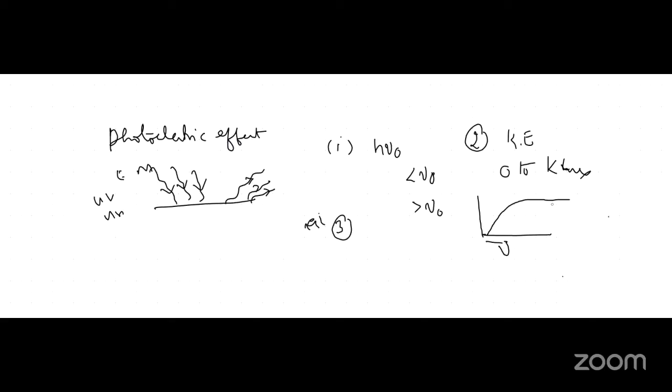So the stopping potential is related to the maximum kinetic energy, that is, kinetic energy maximum equals eV naught. And next is the nature of the metal surface. Different metals have different threshold frequencies.